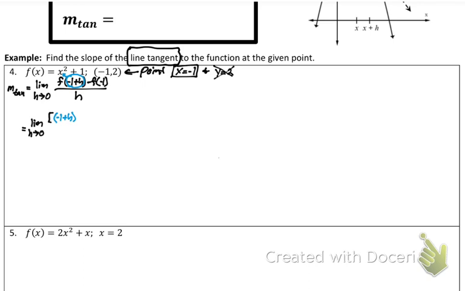Now that should be squared because it's x squared. It's that -1 plus h squared plus that 1. Now I'm done with that f of negative 1 plus h. Now I need to switch to that negative 1, and I need to plug that in for that x as well. So I'm going to remind ourselves to move that negative sign down with it. I'm going to open a bracket for that new f of negative 1.